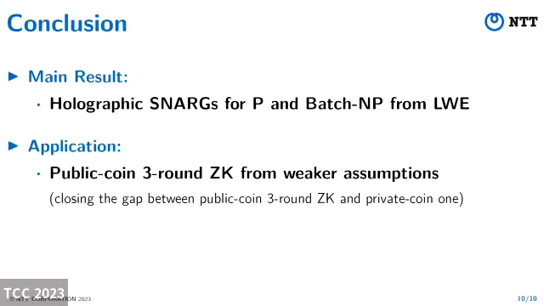You got a similar result from bilinear maps or DDH, which we know non-holographically. Is there a fundamental problem, or what can you say about that? I have not considered it well, but now we use an LWE-based correlation-intractable hash function so that we can handle any batch relation.